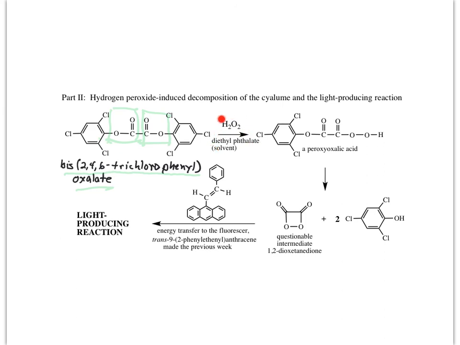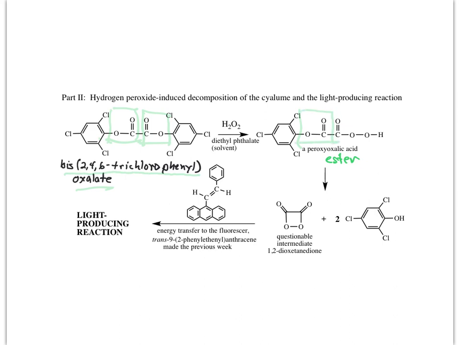So we'll react with hydrogen peroxide, and the hydrogen peroxide attacks one of the ester bonds, and I'll show you the mechanism on the next slide, and creates a peroxyoxalic acid ester, because this ester bond is still there.